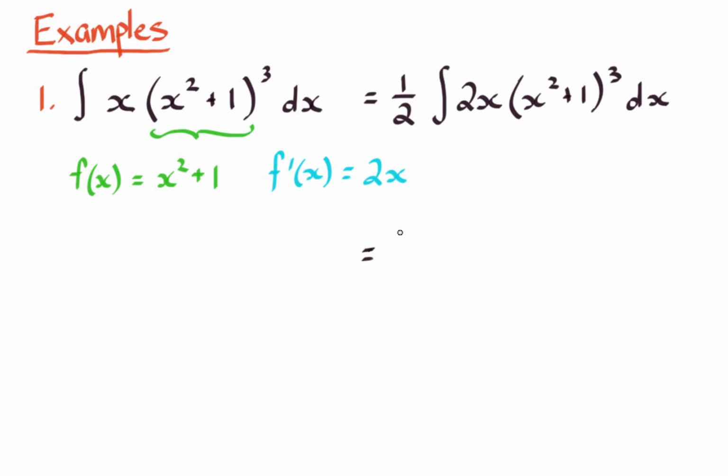So we have our half, and then our integral. I'm going to use big square brackets here, even though it's not a definite integral. Okay. We have our f of x, so x squared plus 1. We're raising the power by 1, and we're putting it over that power.